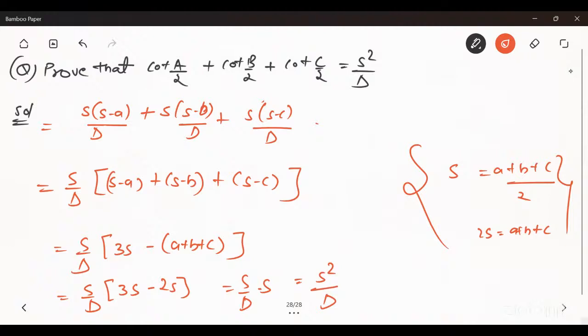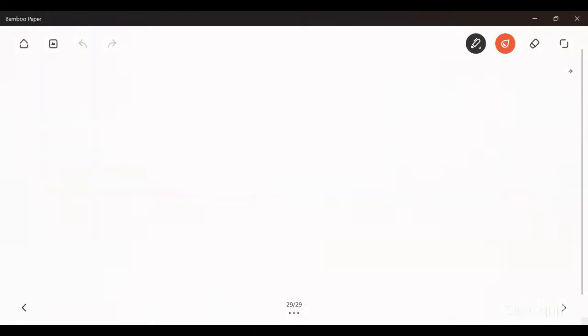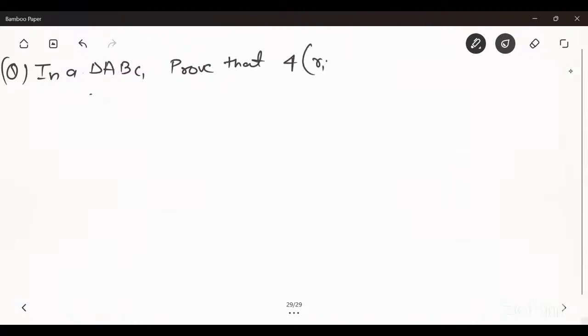Now the next question is: in a triangle ABC, prove that 4 times (R1 R2 plus R2 R3 plus R3 R1) is equal to (A plus B plus C) whole square.